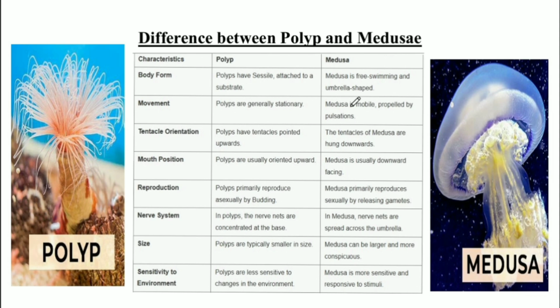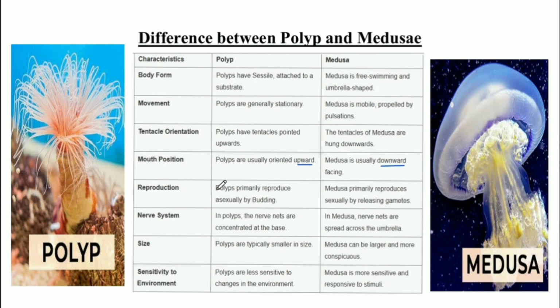However, medusae are free swimming, that's why they are mobile. Tentacle orientation, in polyps the tentacles are upwards, but in medusae the tentacles are downwards. Mouth position, in polyps the mouth position is upward, but in medusae it is downward facing.